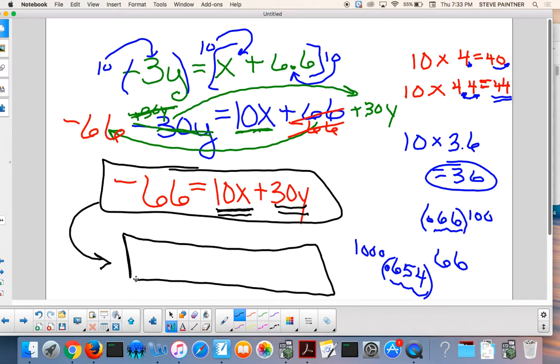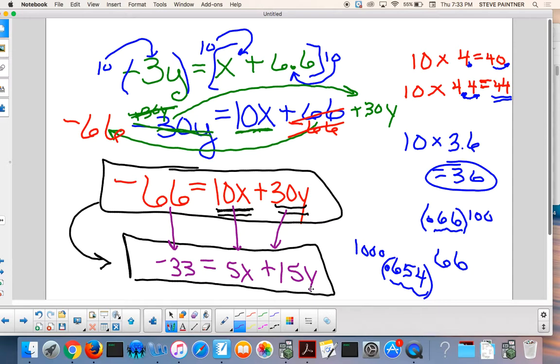Simplest form would be to work with numbers as small as you can. If you look, the three numbers are all divisible by 2. If you divide by 2 here, you get negative 33. If you divide by 2 here, you get 5x. And of course, you divide this by 2, you get 15y. Okay?